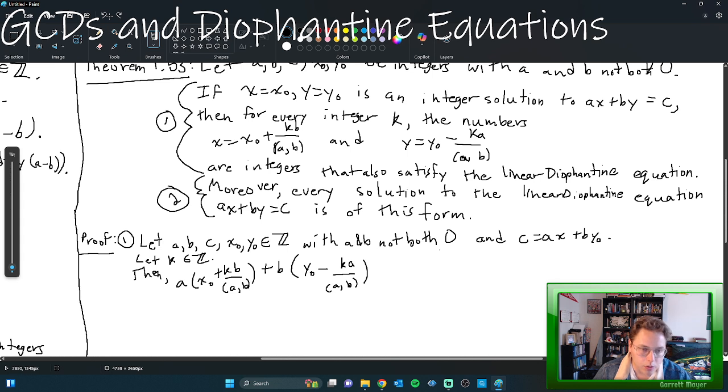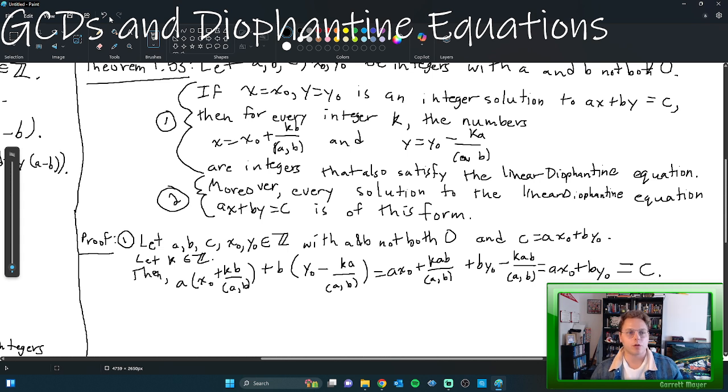Then this is going to equal ax naught plus kab over the GCD of a and b, plus by naught minus kab over the GCD of a and b. So what you'll see is that these cancel out, and what we're left with is ax naught plus by naught, and that just equals c. So we've proved that first part.